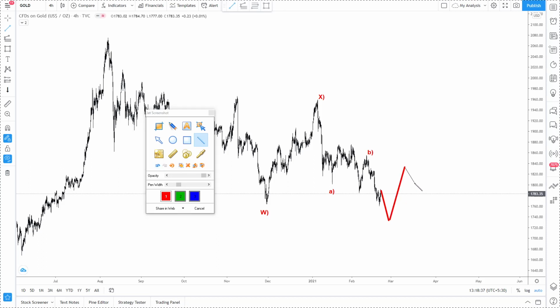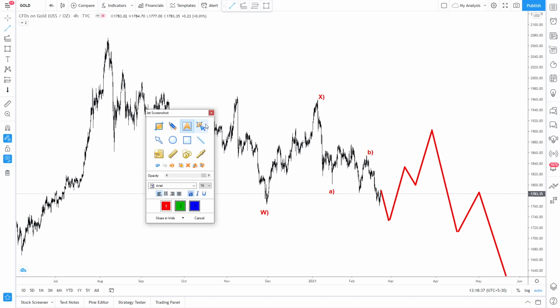It will do like this, and then again it may do like this. So this X won't be here, this X, and this is the A, this is the B, and C will reach that target, what I said.